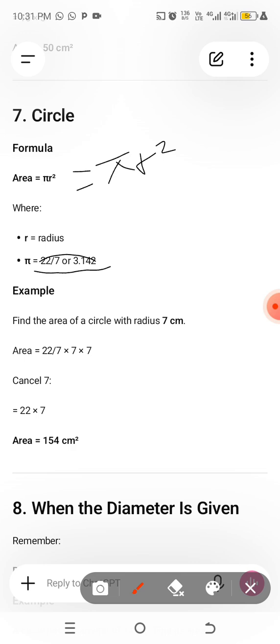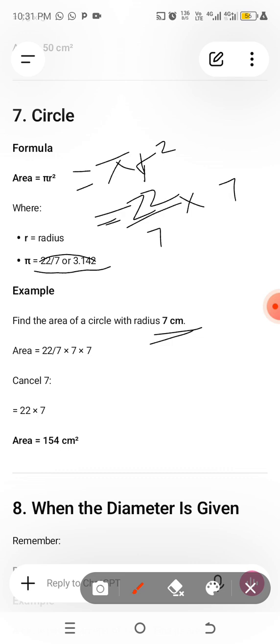So let's say they give you the radius as 7 centimeter, and they ask you to use 22 over 7. So 22 over 7 times 7 square.